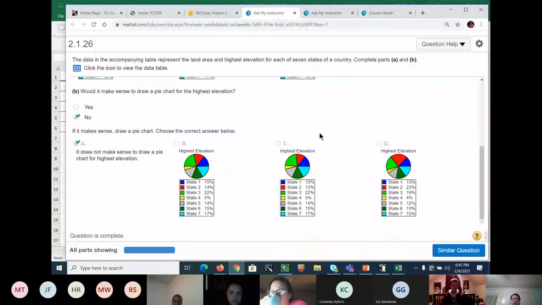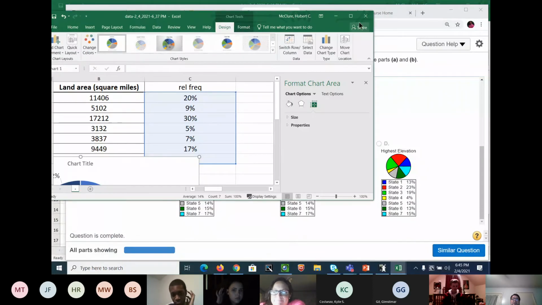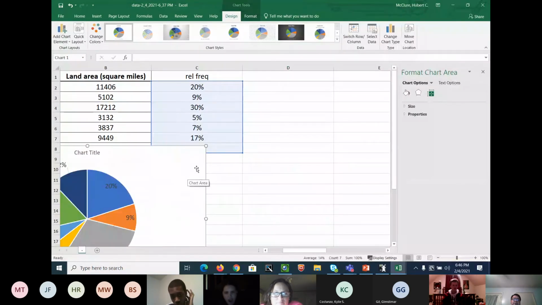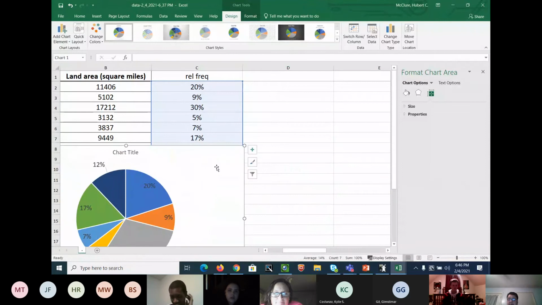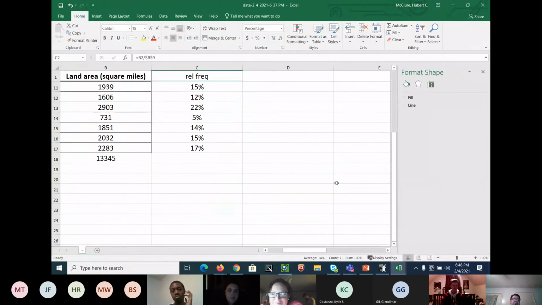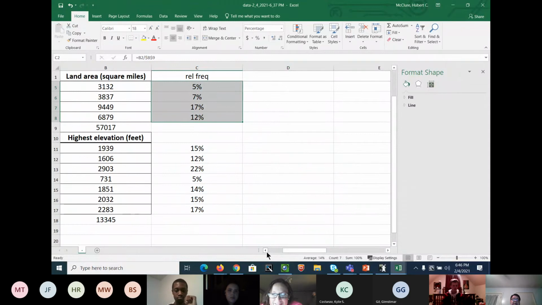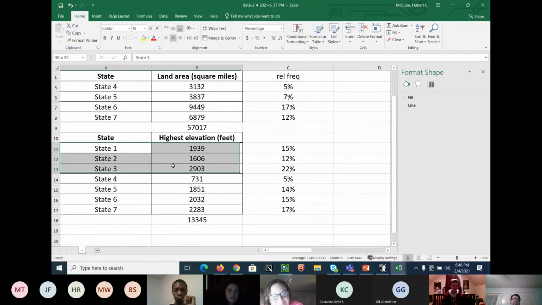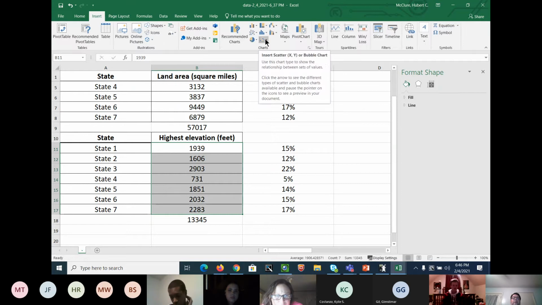So you would use a bar chart. I'm going to go to my handy dandy Excel spreadsheet and move that out of the way. Let me hit delete. Where's my delete button? There it is. You could actually just do the heights by doing this, or this, and just do a line chart: insert line chart.